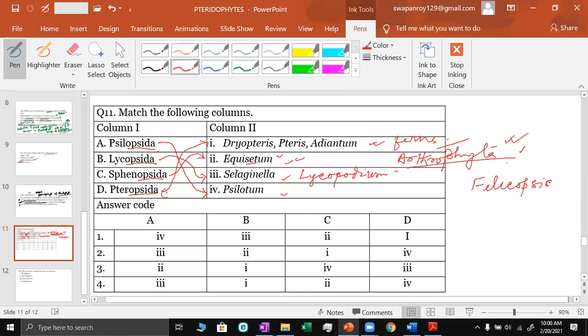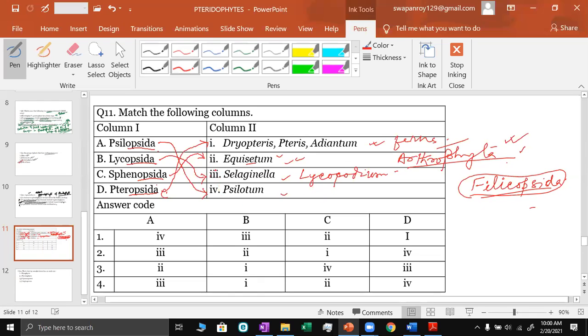And there is the Filicales order under these true ferns. Sometimes this classification name has been given in a different way.